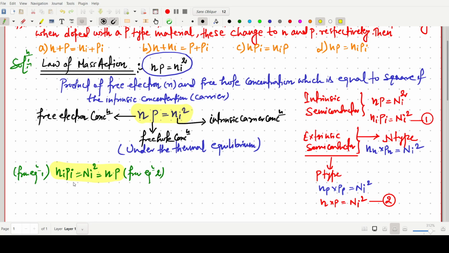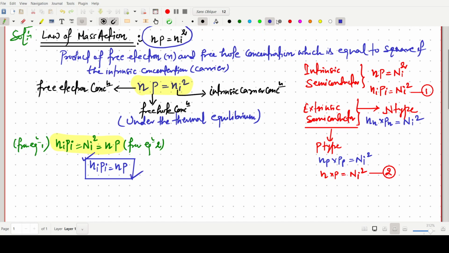So directly you can say NiPi equals Np. This is the correct relationship between the carrier concentrations of electrons and holes.